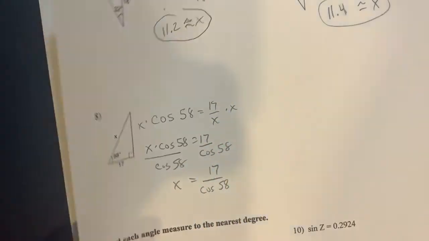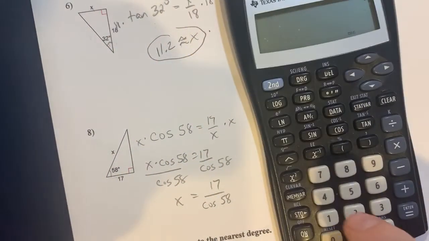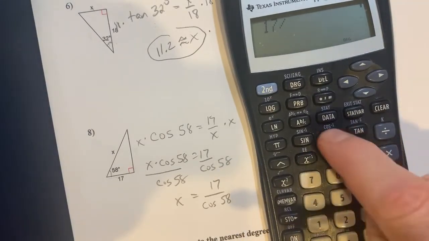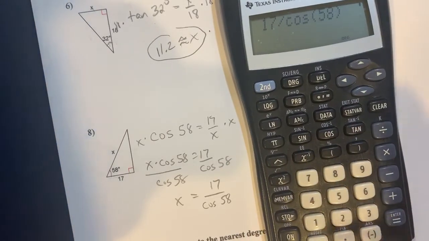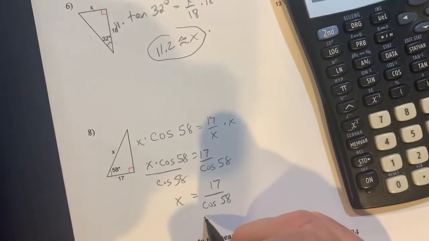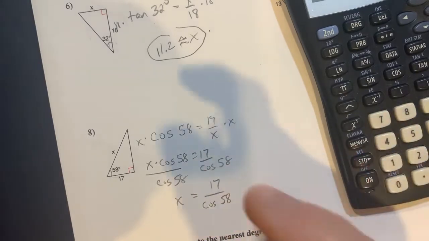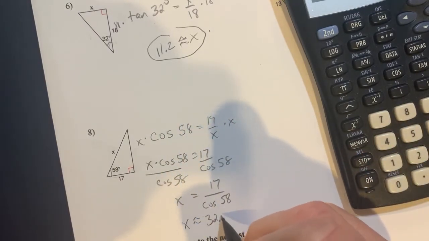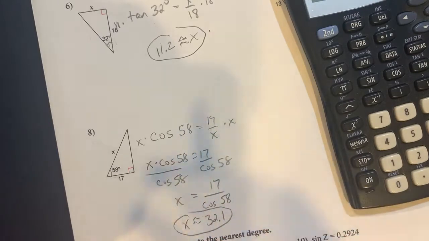Okay, so type that in. 17 divided by cosine 58, and I have to round that to the nearest tenth, so 32.1.